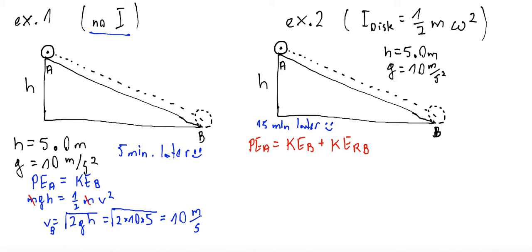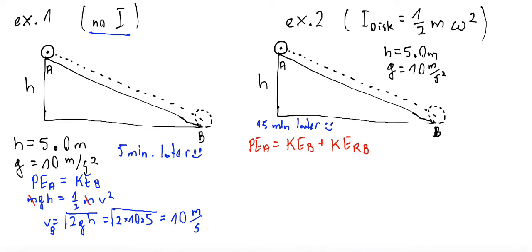It doesn't have linear speed, and it doesn't have angular velocity. It doesn't move and it doesn't rotate. At point B, the center of mass of the object moves along the slope, and the object rotates. It spins, so it has both the typical translational kinetic energy and additionally rotational kinetic energy.